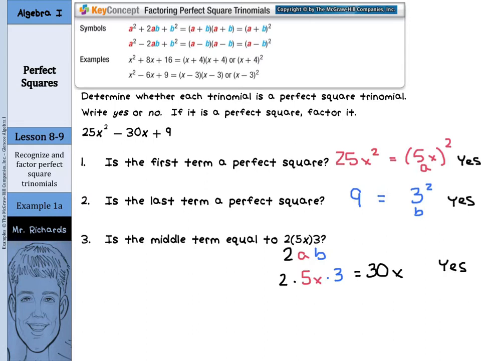So what this means is 25x squared minus 30x plus 9 is a perfect square trinomial.